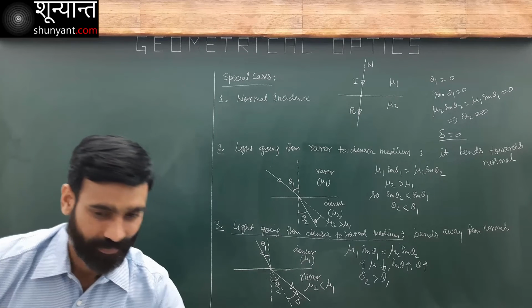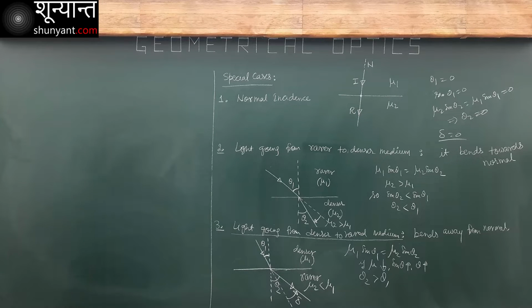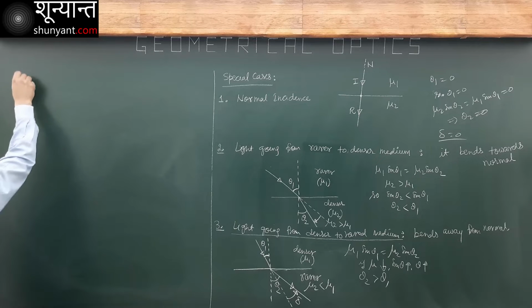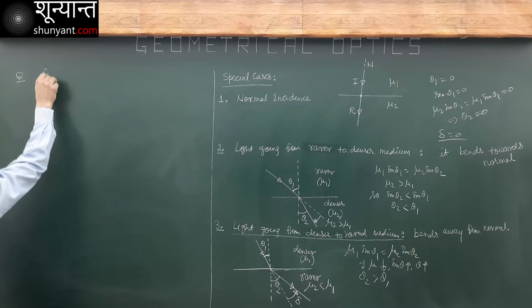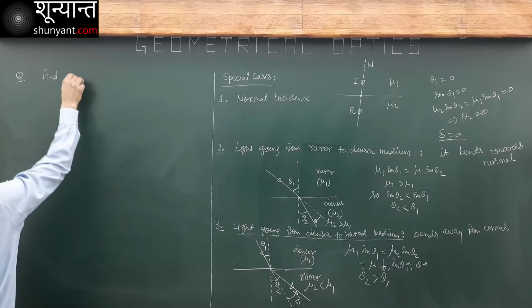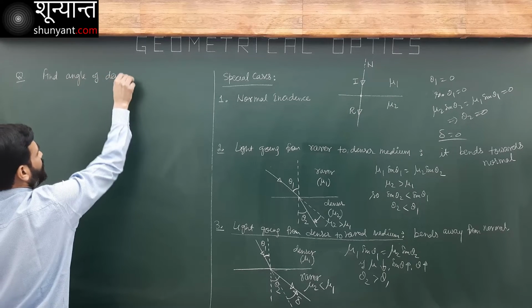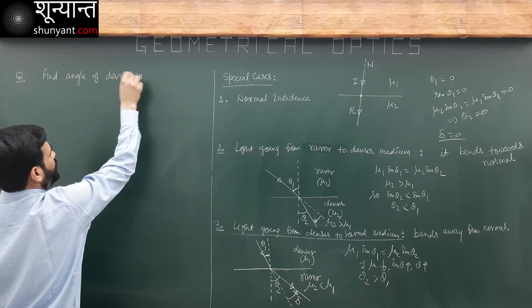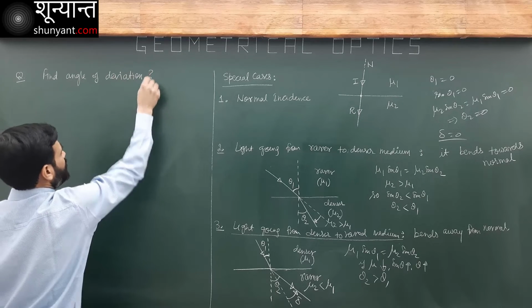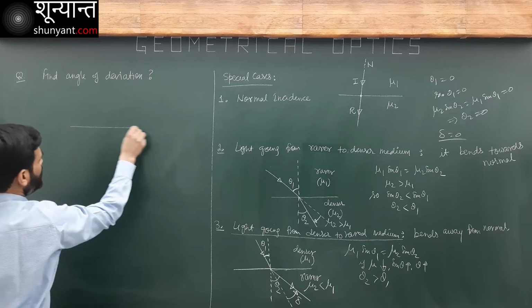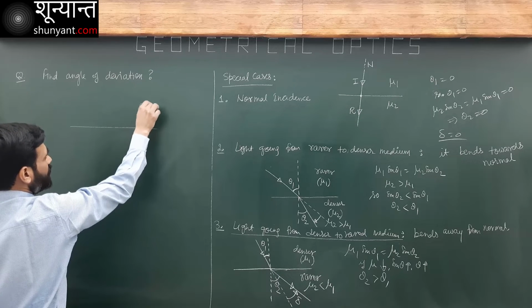Let's start with problem. First question. Find angle of deviation. Let's say that I have two mediums. One is air.